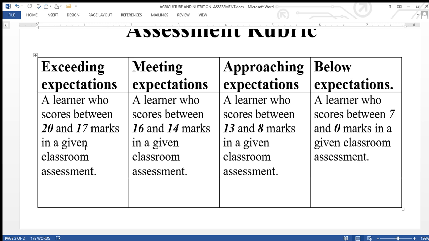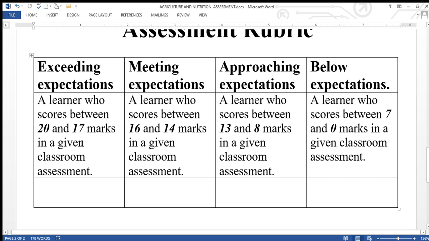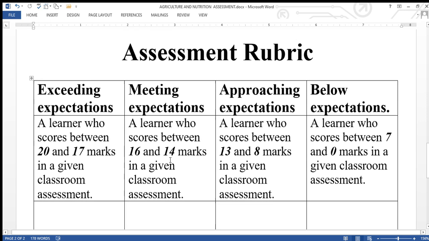Below expectation, a learner scores between 7 and 0 marks in a given classroom assessment. I'll write your mark here. This is just an assessment rubric, with some rating, isn't it?